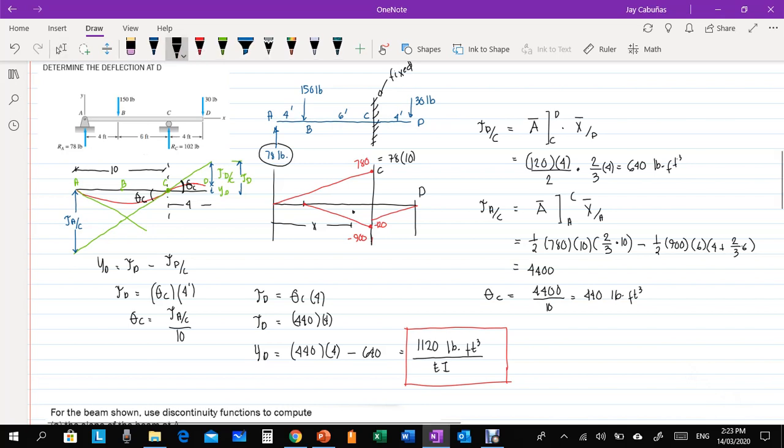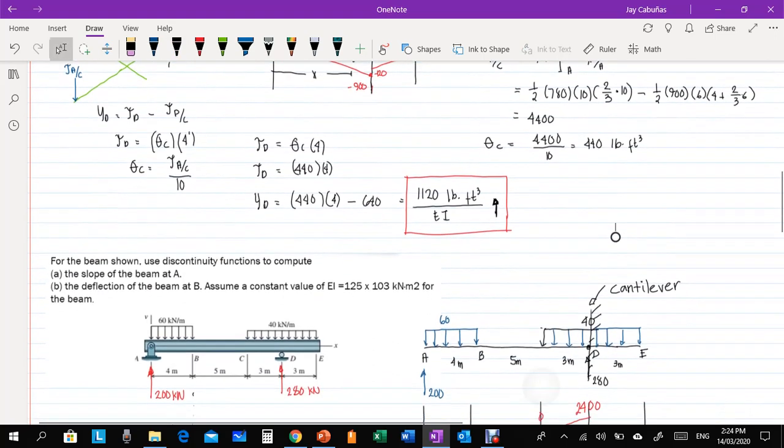So our assumption is correct, so therefore that is upward, our unit or our deflection. Okay, so therefore our point D is above. Okay?